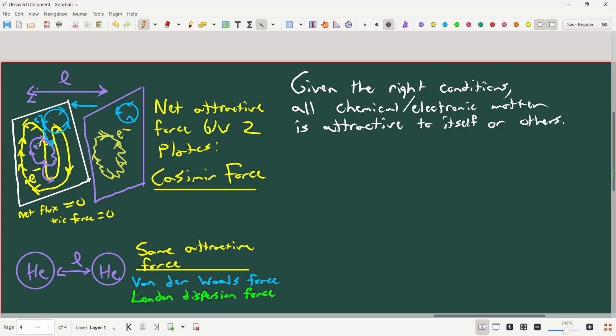Everything. In quantum mechanics, if we have a little bit of time in class, I can prove to you that regardless of the atoms or materials chosen, put the two things at the right distance, they always attract each other. Now they might not attract each other much.